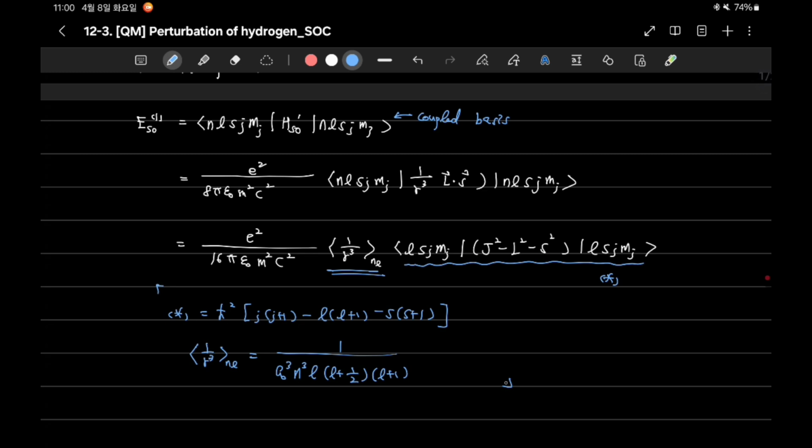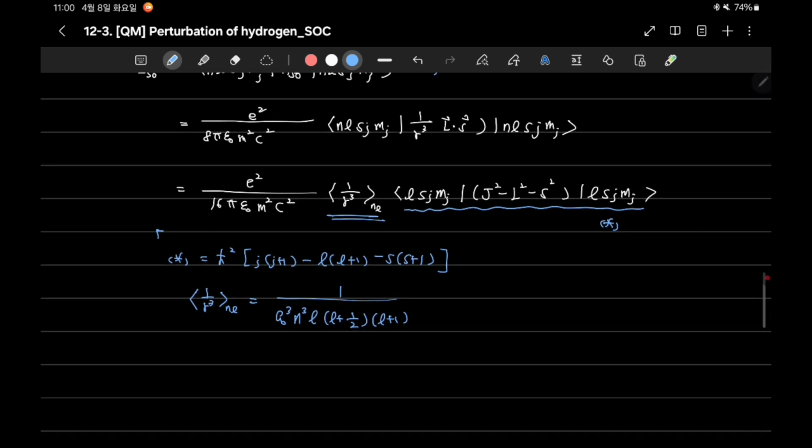We already know that a_0 is h bar over alpha m c, and also e squared over 4 pi epsilon 0 is alpha squared m c squared. So let's consider this spin-orbit interaction first order case.